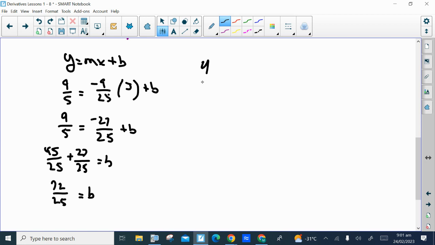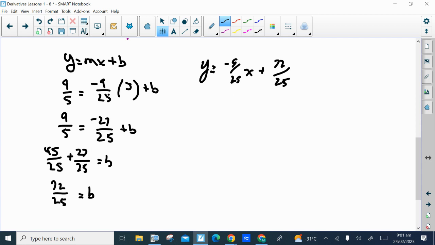So our equation will be y equals negative 9 over 25 x plus 72 over 25. That's the equation in slope-intercept form.